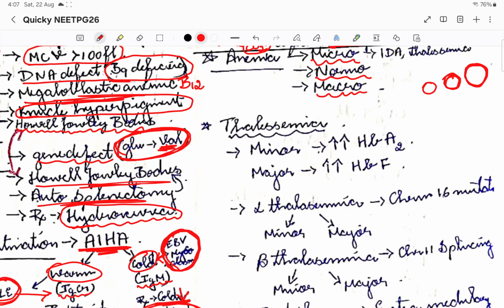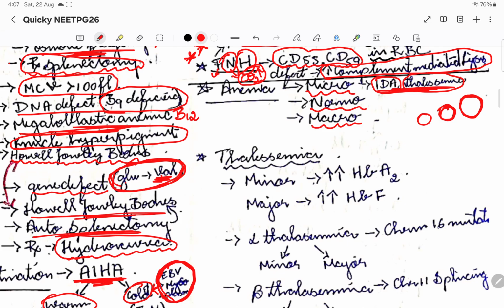Okay, microcytic anemia is majorly because of two things: IDA, that is iron deficiency anemia, and thalassemia. Iron deficiency anemia, you definitely know it, because there is low intake of iron, or sometimes low absorption of iron.